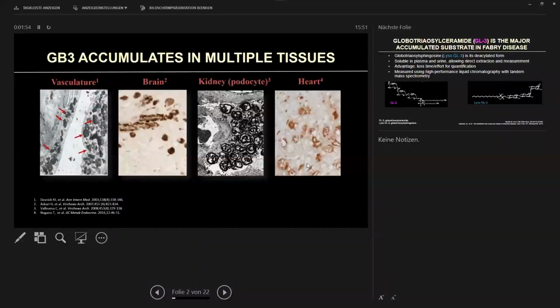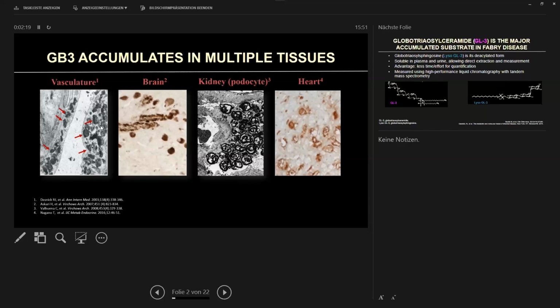I would like to talk about Lyso-GB3, which is a very helpful biomarker in management and treatment of Fabry disease patients. And as you all know, we have GB3 or globotriaosylceramide, which is a bad guy accumulating in multiple tissues.